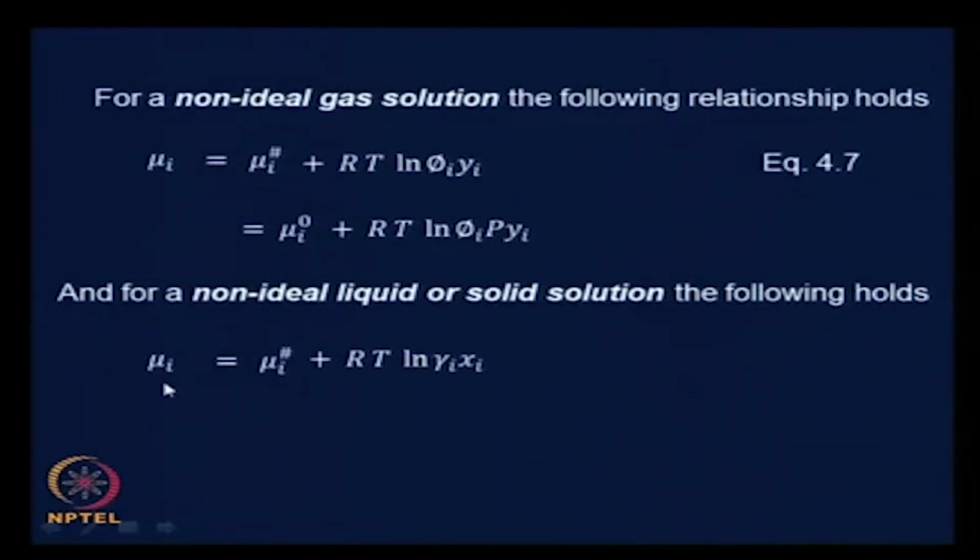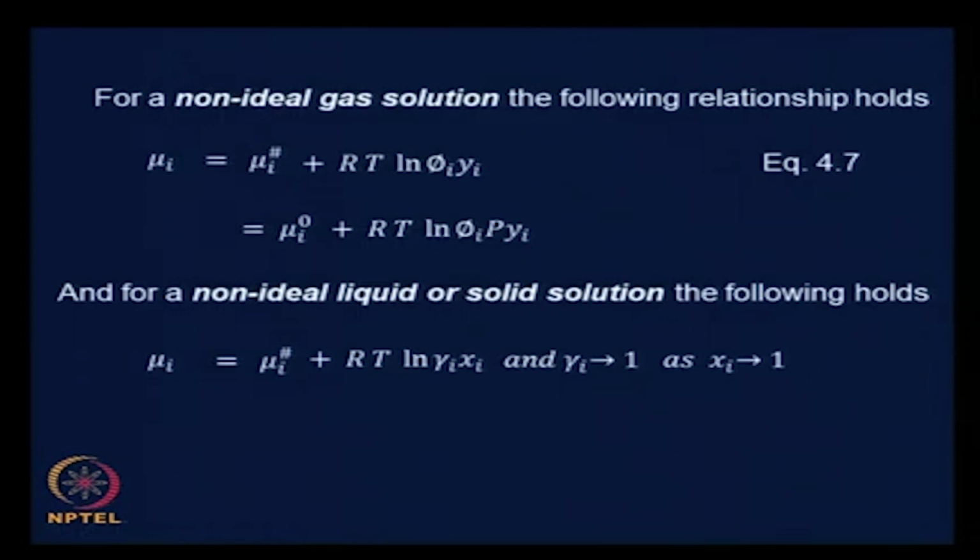So here mu I equals mu I hash plus RT ln gamma I xi, which can also be written in terms of, well, before I say that, a certain part of the definition needs to be given for completion. Gamma I tends to 1 as xi tends to 1. Note this, earlier the case was f by P tending to 1 as P tending to 0.